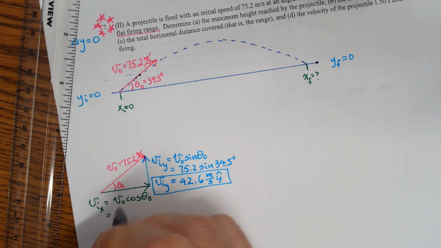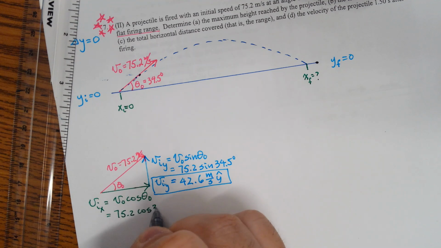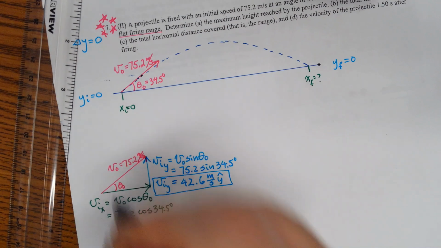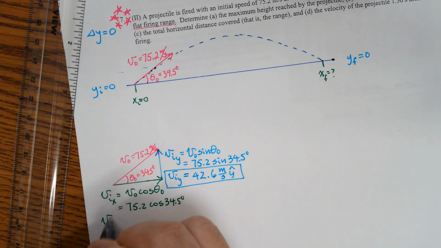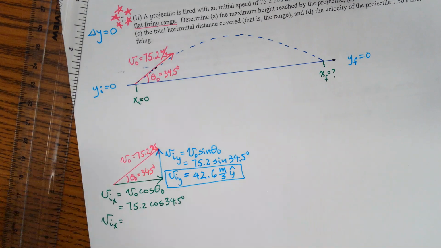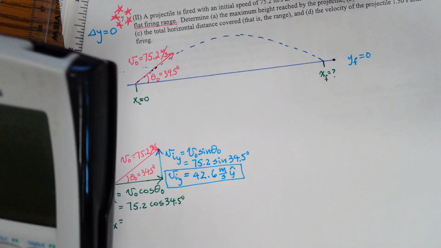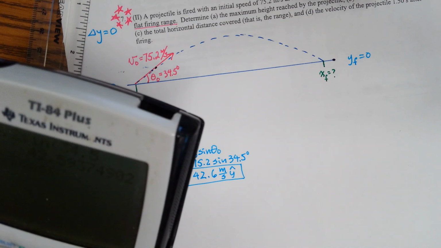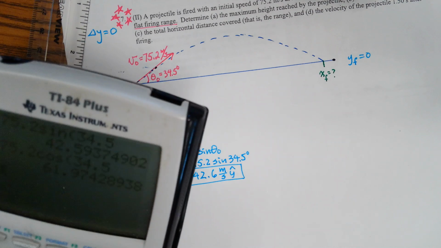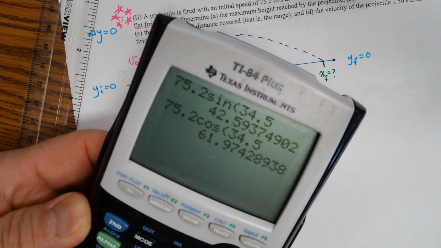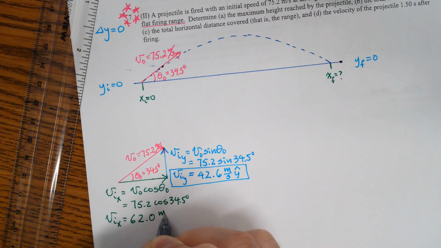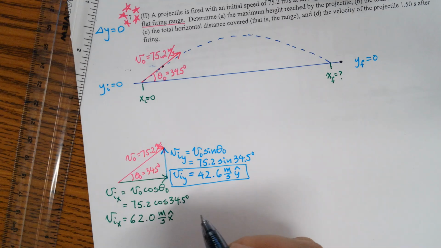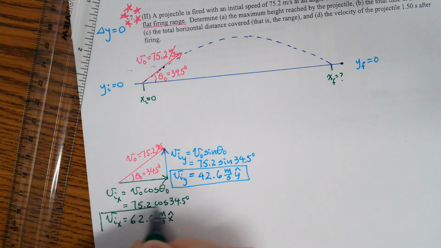If you work that out, 75.2 cosine of 34.5 degrees, your Vix is 61.97, or 62.0 meters per second, x hat. So that's also good to know.